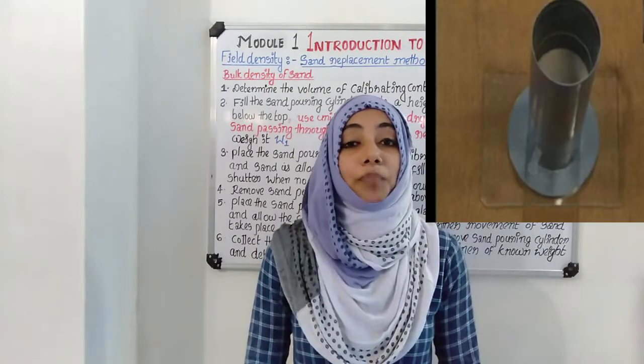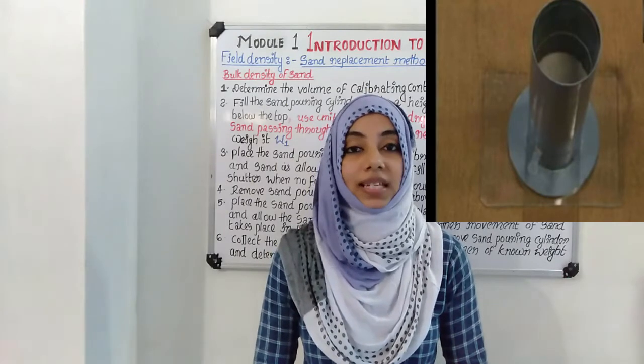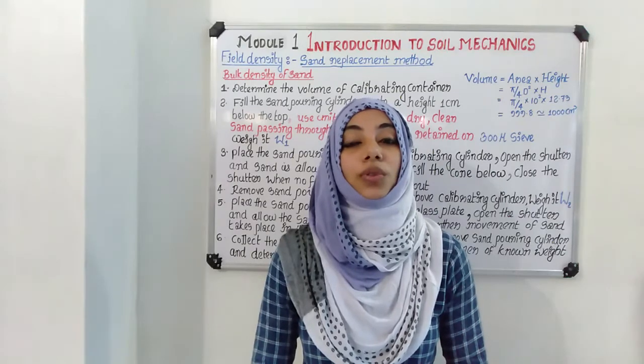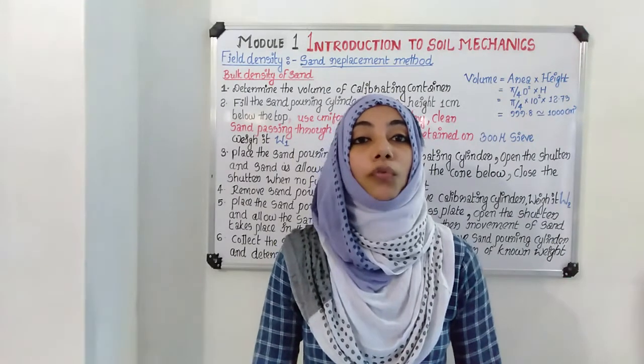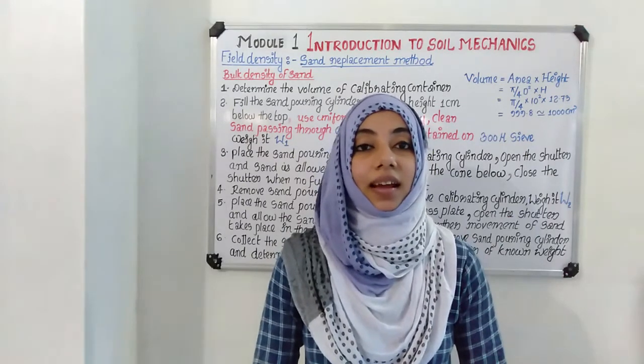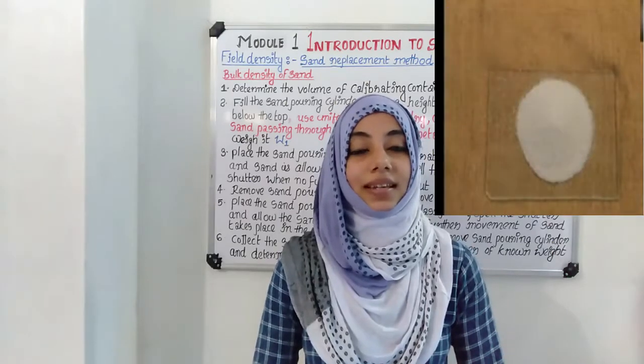Next step is place the sand pouring cylinder over a glass plate. Open the shutter and sand is allowed to run out until no further movement of sand takes place in the cylinder. Close the shutter and remove the sand pouring cylinder.